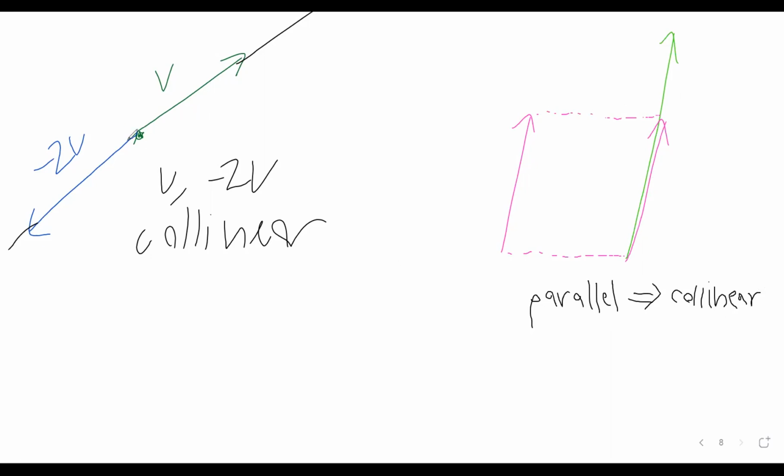And if they're collinear, you can move them and they're parallel, so collinear also implies parallel. They each imply the other.